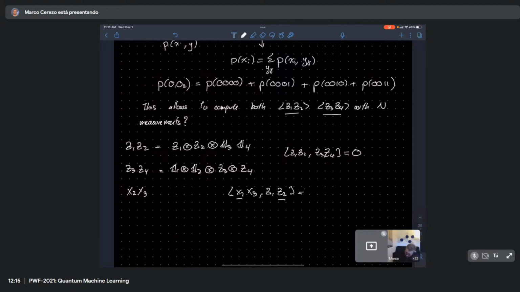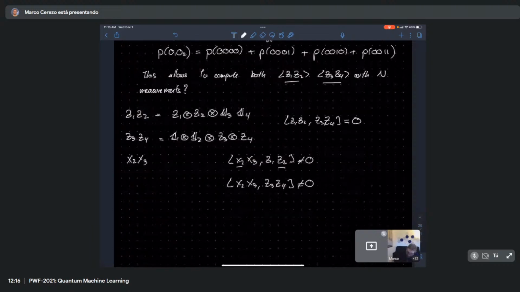So this is different than 0. And it's going to be the same problem with Z3, Z4. We cannot, on the same run, try to estimate the expectation value of these two, because they do not commute. So we cannot estimate their expectation values by measuring on the same bases.